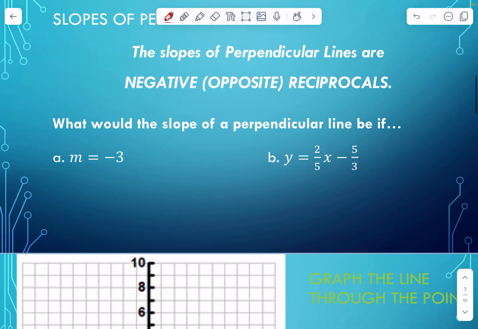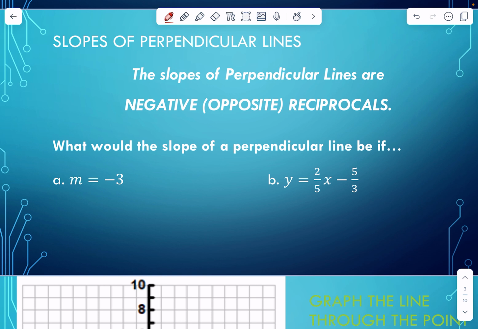Now we look at the slopes of the perpendiculars. The slopes of perpendicular lines are either what we call negative reciprocals or opposite reciprocals. Now, what does that mean? So what it means is two things.